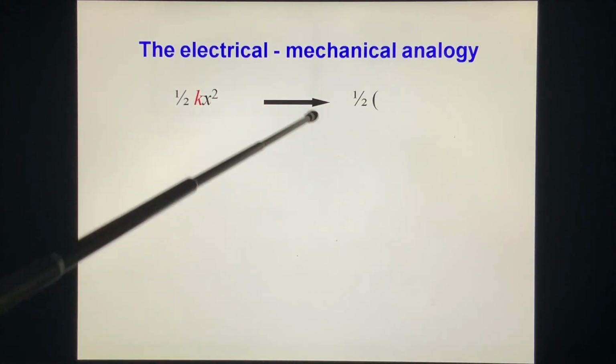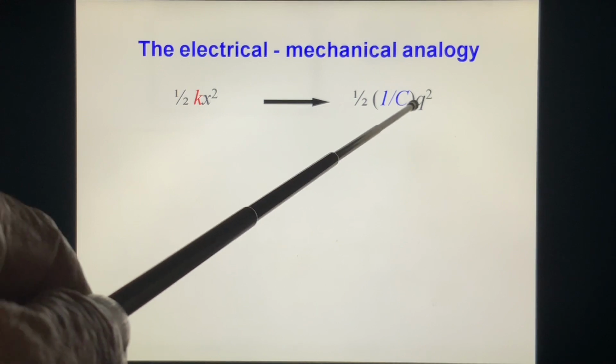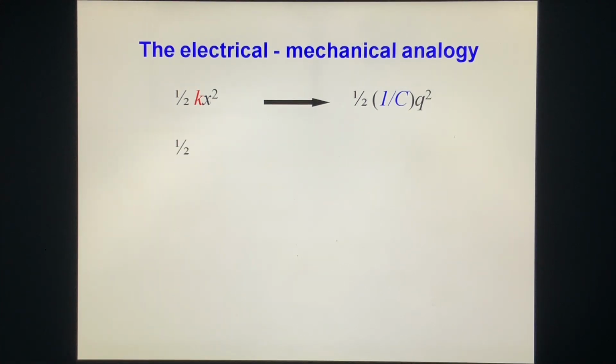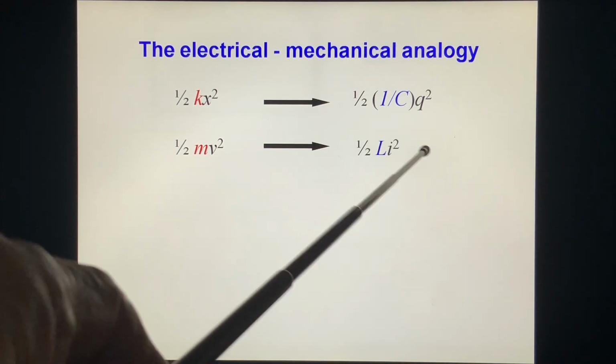The electrical-mechanical analogy. Half kx squared, the potential energy of the spring, is equivalent to half 1 over C q squared, the electric energy in the capacitor. Half mv squared is similar to half Li squared.